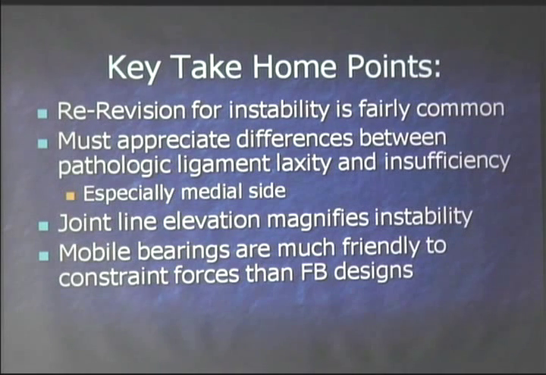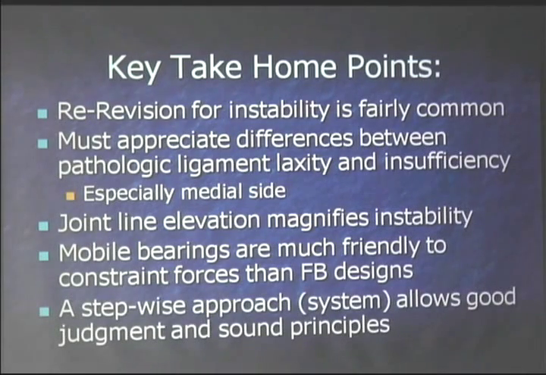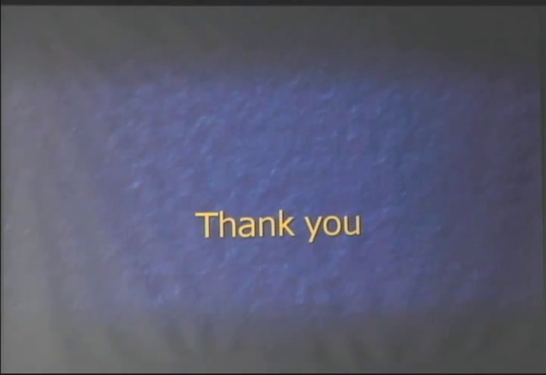This is, I guess, a slide from a DePuy talk on mobile bearings, and I certainly am a DePuy consultant, but I do favor the mobile bearing device in some of these big revisions because it takes some of the stresses away from the implant interface. And I think if you follow a good stepwise approach and follow some of these principles, you're going to have reasonable results. Thank you very much.